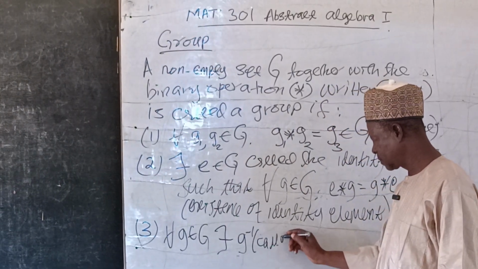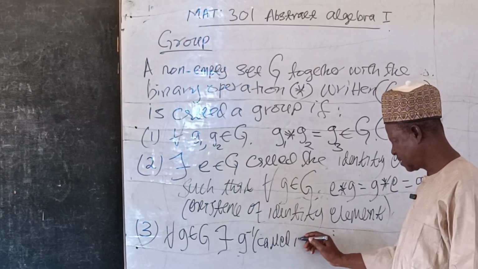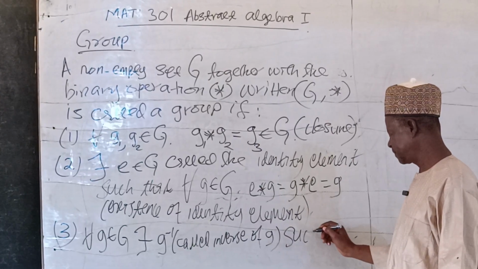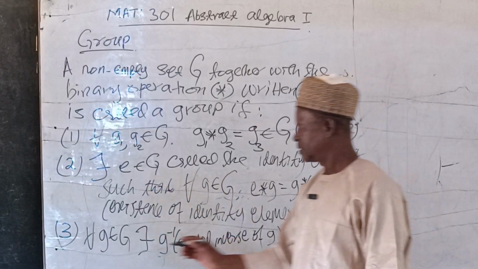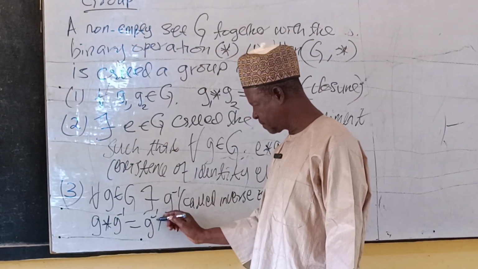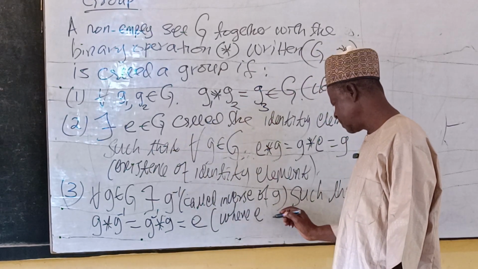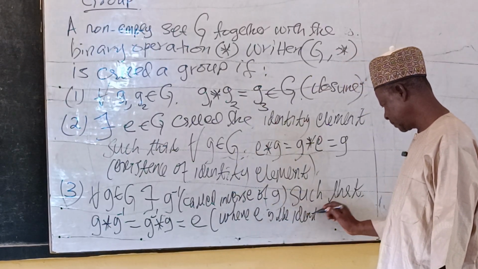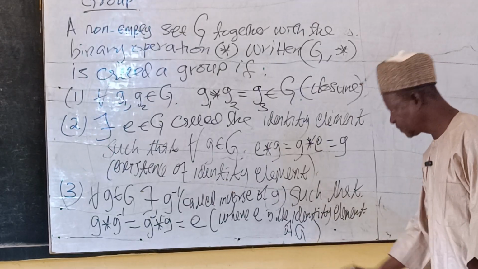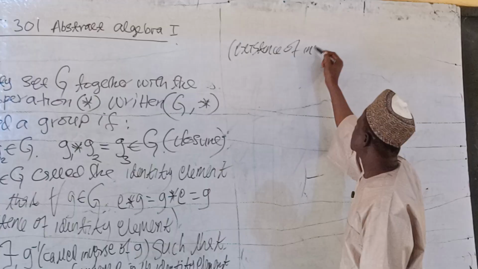This one is called G inverse or inverse of G. Okay, such that G star G inverse will be the same as G inverse star G, and it will produce E, where E is the identity element of G. Okay, and this principle is called existence of inverse.